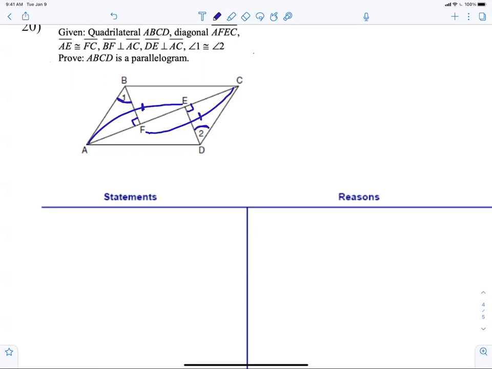Someone want to start me out? We can just put all the givens down. I don't really need all that.